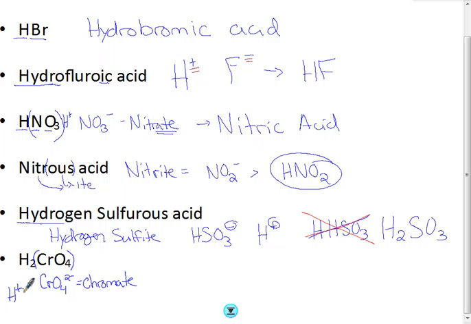Well, I've got 2 minus, 1 plus, which makes me have to add in 2 H's. So that's where I get my H2 there. Different than this H2 over here. Okay, this H2 is there because it needs to balance out the chromate. Okay, now when I want to name this chromate, remember, ate to ic, so it is just chromic acid.